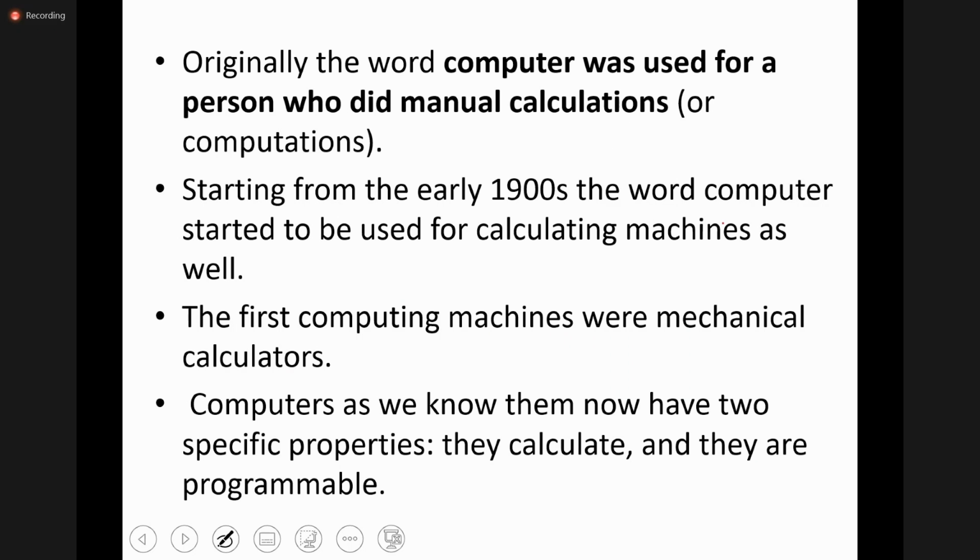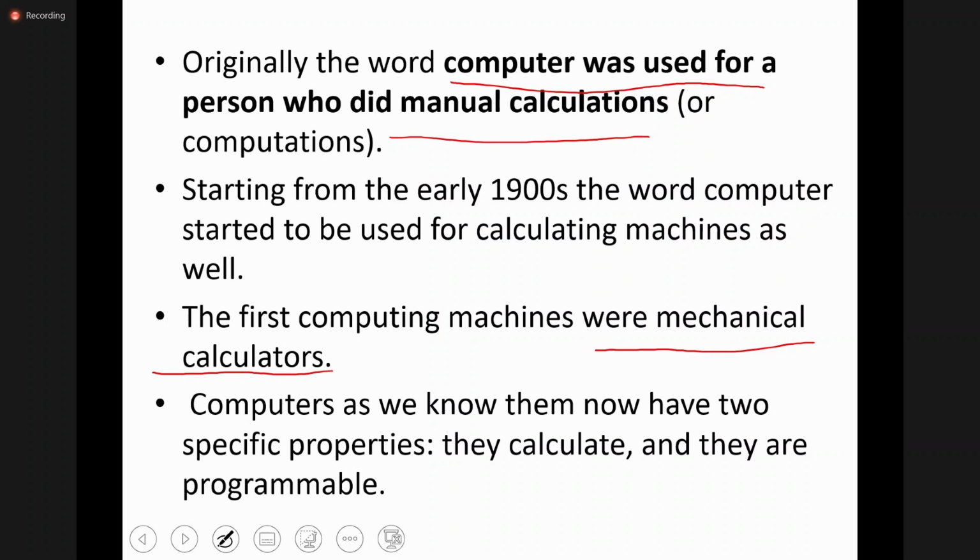The words as written, we will read very quickly here. It says that originally the word computer was used for a person who did manual calculations. So the main purpose of computers was to do calculations in the 19th century. The first computing machines were mechanical calculators.